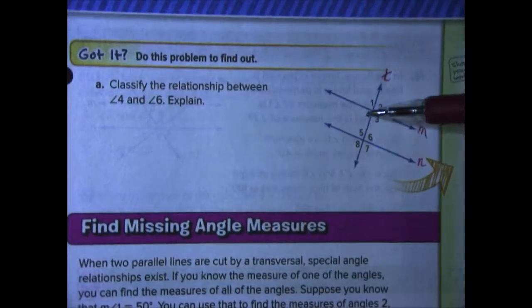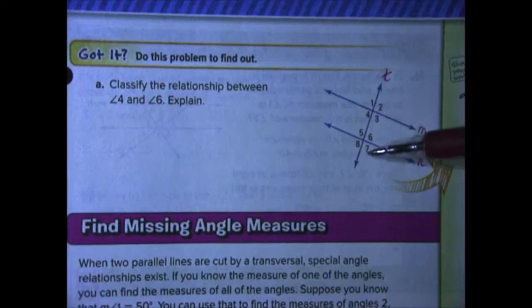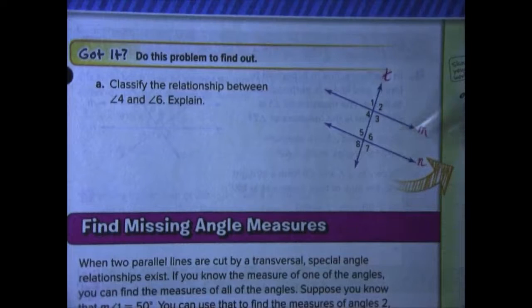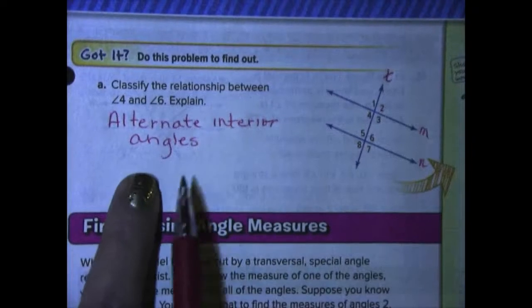So now that we know they have to be alternate something, we need to determine, are they inside the parallel lines, in which case they'd be interior, or outside the parallel lines, in which case they would be exterior. So we notice that they are inside, so they're going to be alternate interior angles. And we know that alternate interior angles are congruent, or equal, same thing.